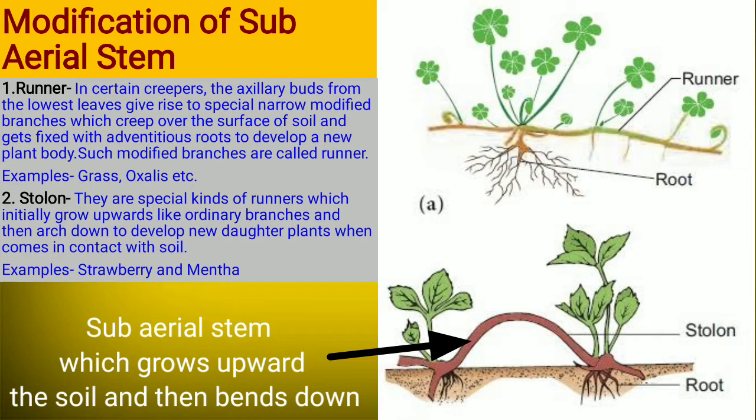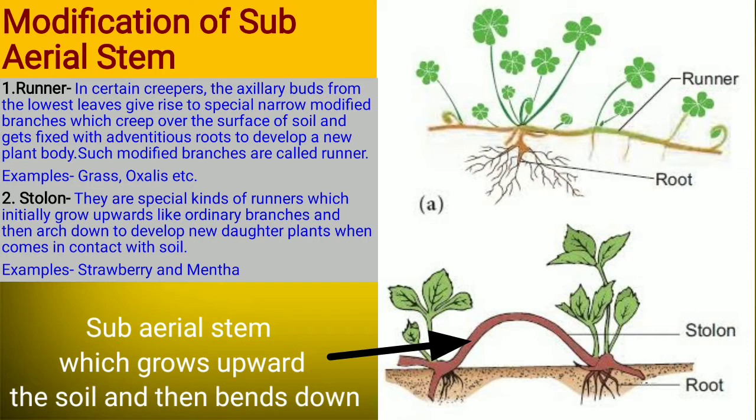Firstly, it is formed from the lower node of the stem, and in case of the stolon it grows upward, and after it grows upward it gets bent and arcs down, and as the tip comes in contact with the soil, there it develops adventitious roots and also sprouts a new plant, the daughter plant body.